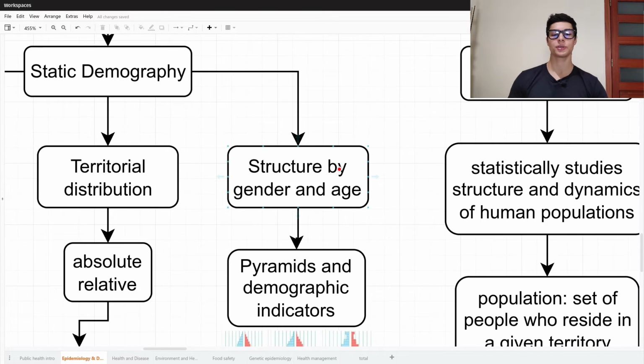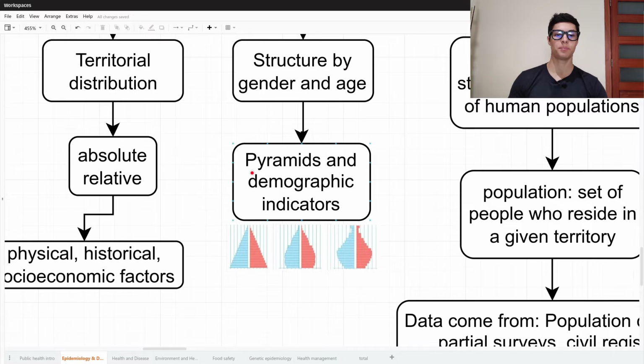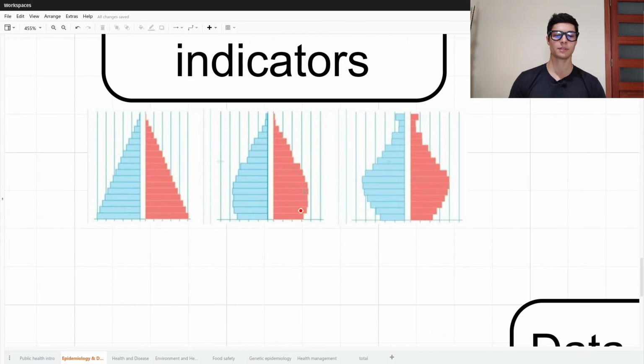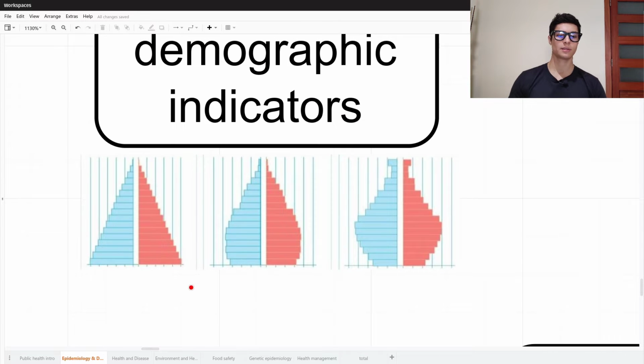And then we have the structure by gender and age, and these are the pyramids and demographic indicators. So maybe you have seen this. These are pyramids in which we can differentiate between male and females, and they are divided by groups of ages.